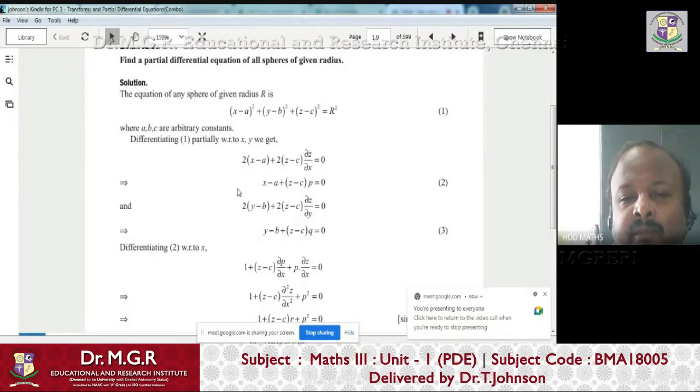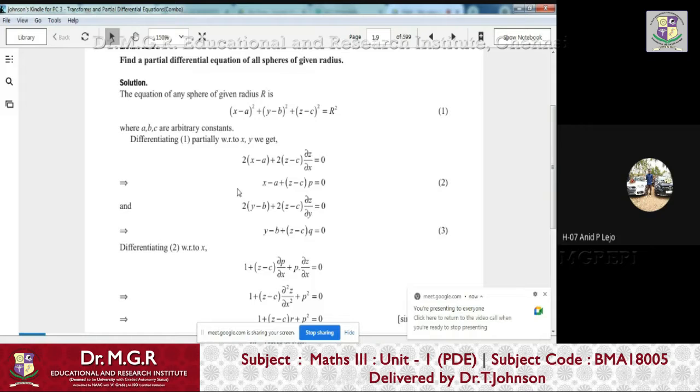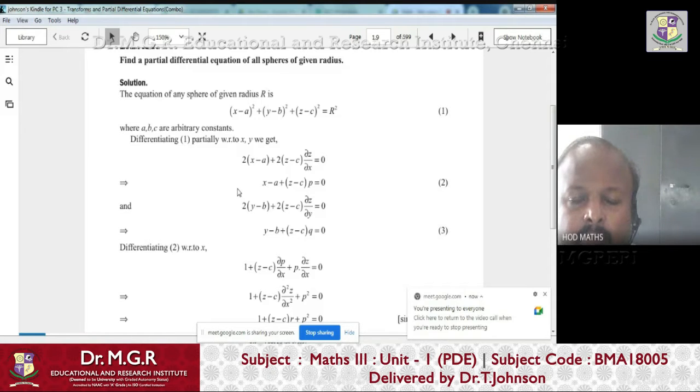So how many independent variables are there in this equation? Two, sir. 2 independent variables. What are they?